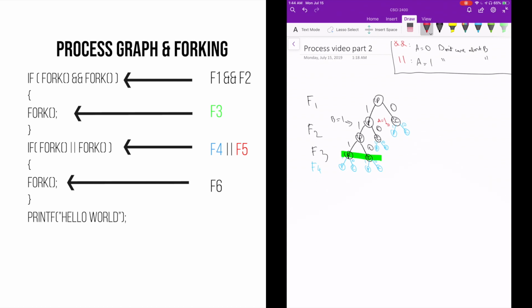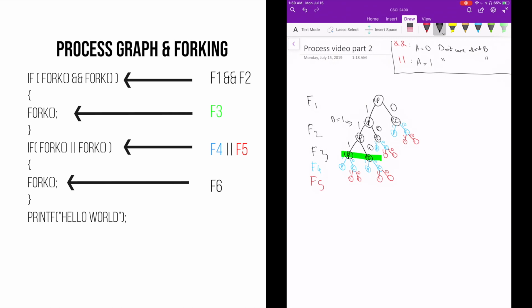We only care when A is 0, because then B could be either 1 or 0. Okay, so we're going to do F5, and we're going to fork where it's 0. From now on, I'm not going to write P and C because you guys got it that on the left side it's P and the right side is C. Okay, we just finished F5.